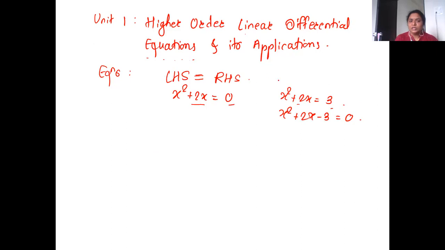So any equation, we can make it equal to 0 by taking the whole thing on the right hand side to the left hand side. Are you clear with equation now? So equation is something, either it can be equal to 0 or there is a valid LHS and RHS.